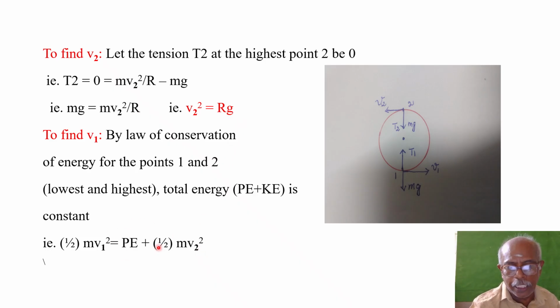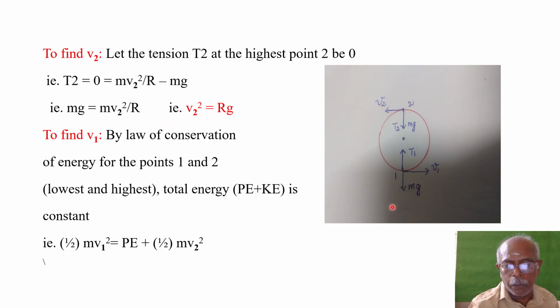How does this potential energy come, sir? Here the body is at the lowest point. Here the body is at the height h. What is the value of h, sir? This is 2r, which is equal to the diameter of the circular loop. The difference in height between the two points is a change in potential energy.